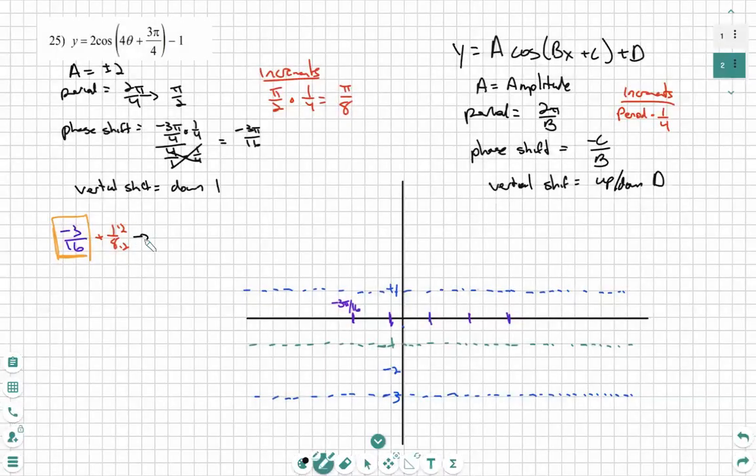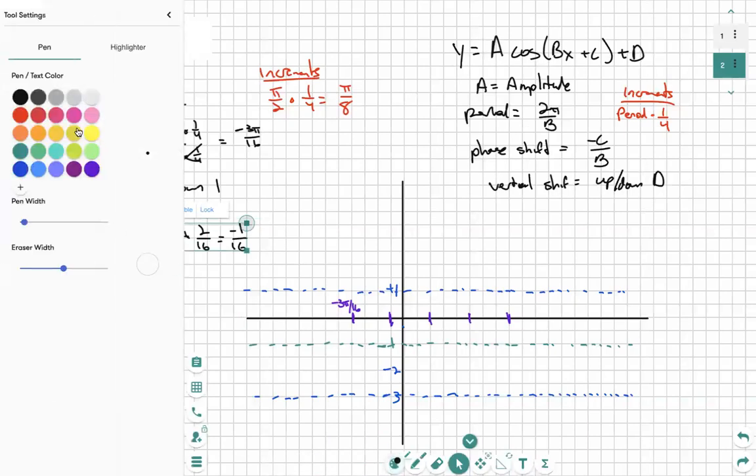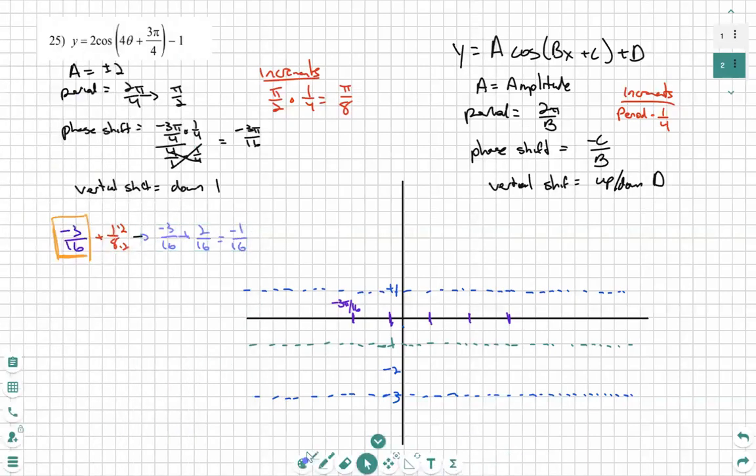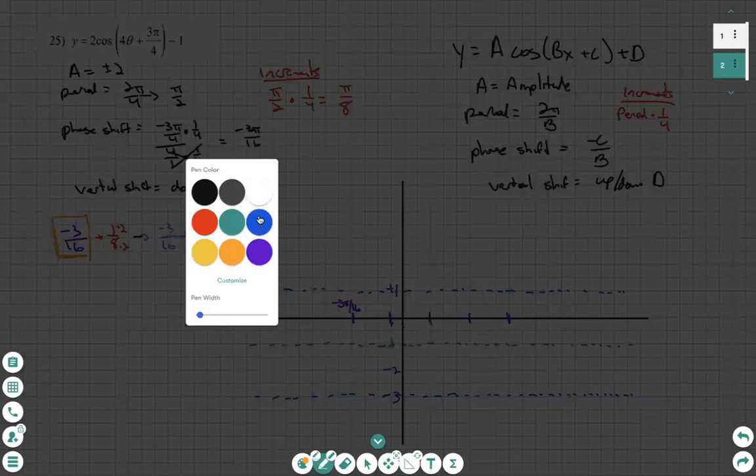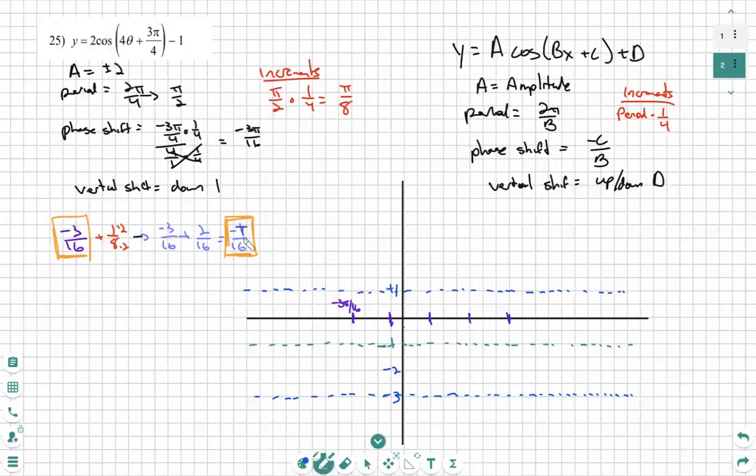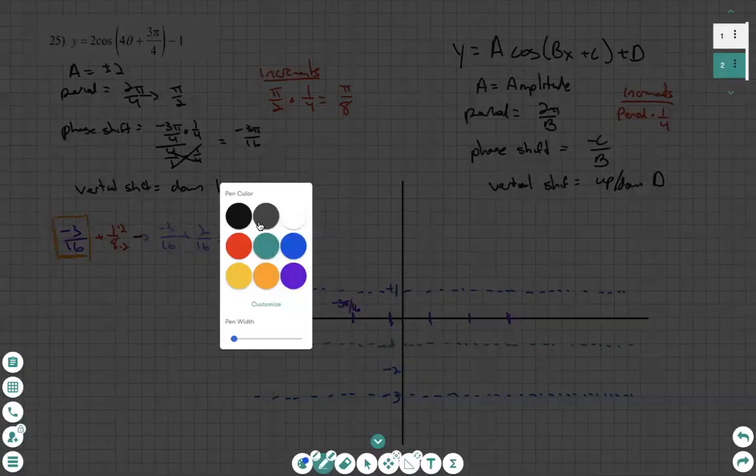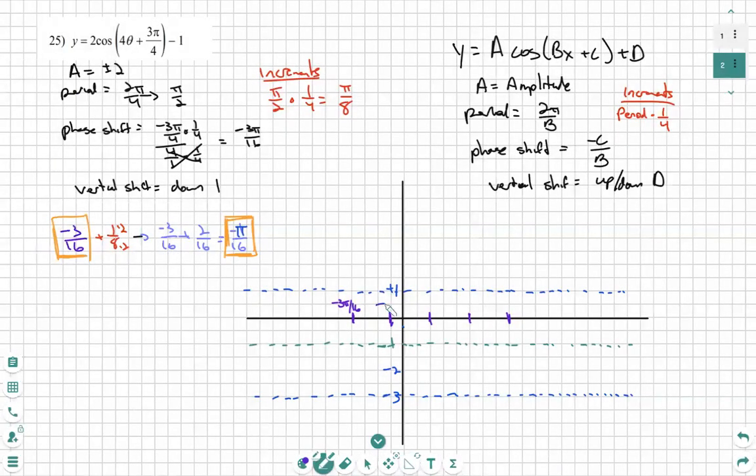We would rewrite this as negative 3 over 16 plus 2 over 16, which is now negative 1 over 16. Let's change that color so it's not getting too crazy over there. Negative 1 over 16. This is my next point if you replace the top and add a pi. That's all you got to do. So then my next point here is just negative pi over 16.